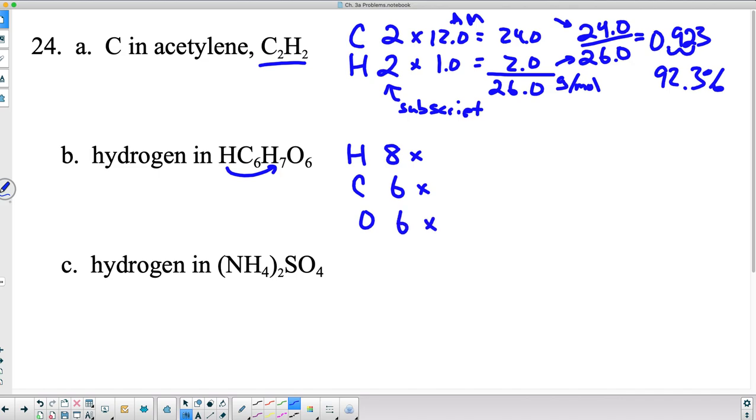Those are the subscripts for my compound. Now I multiply by the atomic mass on a periodic table. That gives me 8.0 for hydrogen. 6 times 12.0 is 72 for carbon. And oxygen is 16, so 6 times 16 is 96.